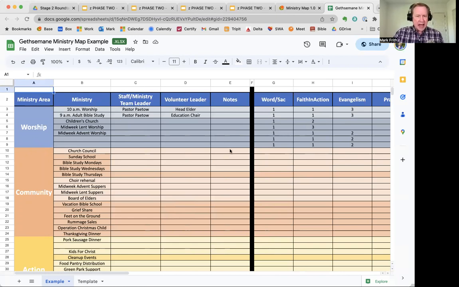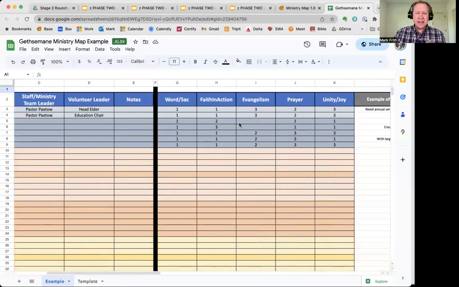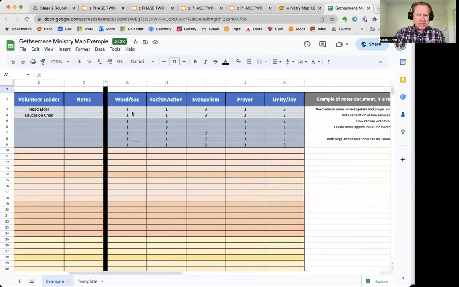So again, that may not be entirely clear to you, but that gives you just a look at how this functions. And so we'll pick the main groups and we'll meet with them. More about that later. I've got actual documents that will help you with that. But again, to the numbers. So they'll be evaluating whether or not this particular ministry group is actually able to execute and support the mission pillars.